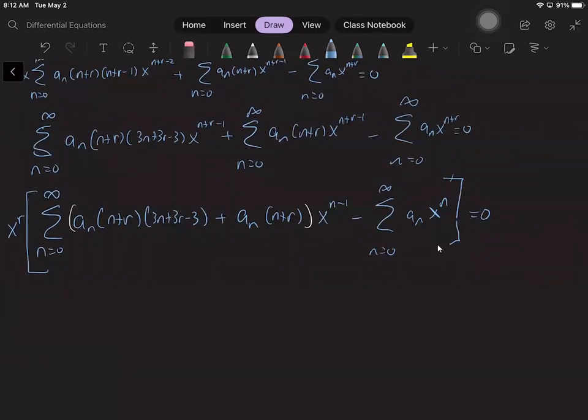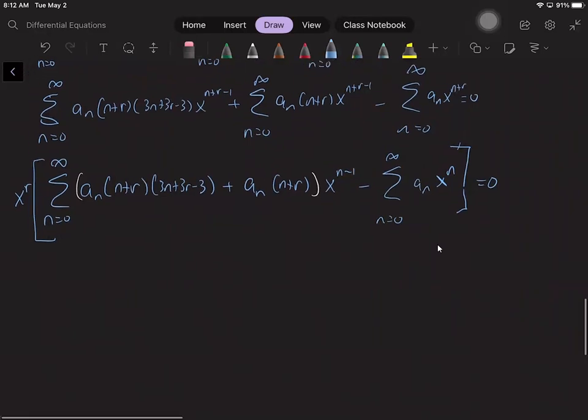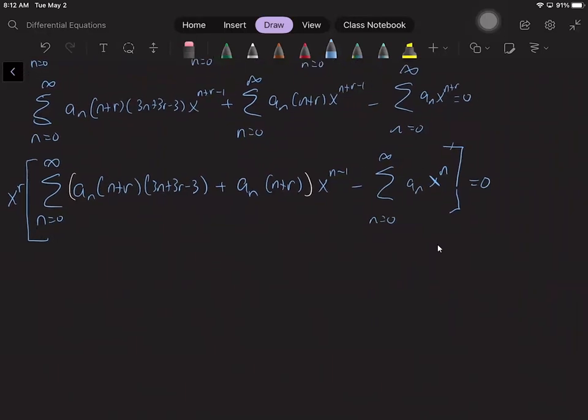So now the problem is one is at x to the n minus 1, the other is x to the n. So what I have to do is add 1 to the power and subtract 1 from the starting place. So now the first one is going to start at -1 because I'm going to subtract 1 there and add 1 to all of the n's you see here.